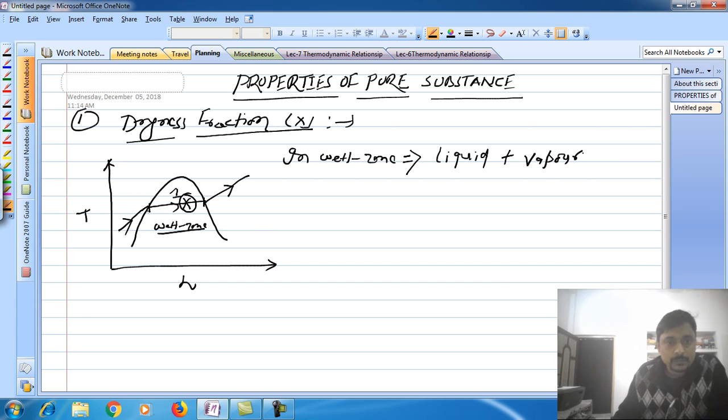So in the wet zone, we know that it comprises two parts: liquid part and vapor part.